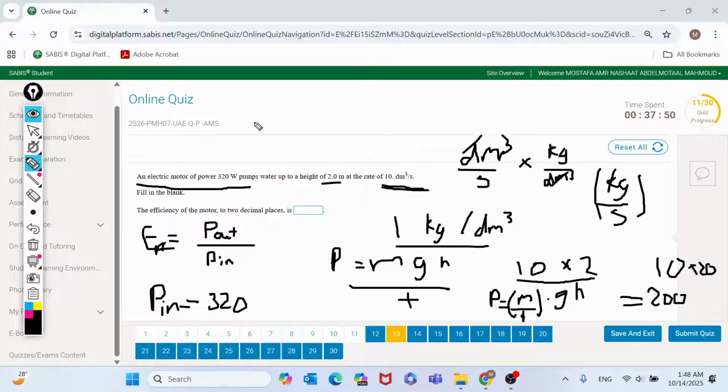And we said efficiency is power out over power in, so power out is 200 over power in, which is 320.